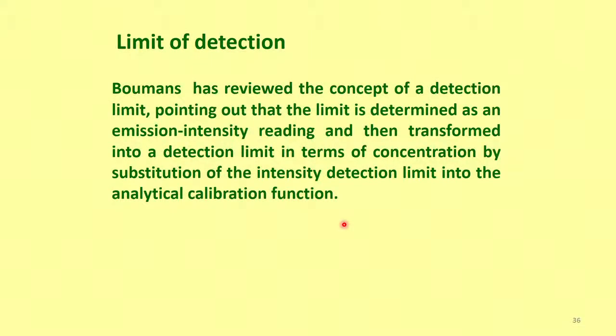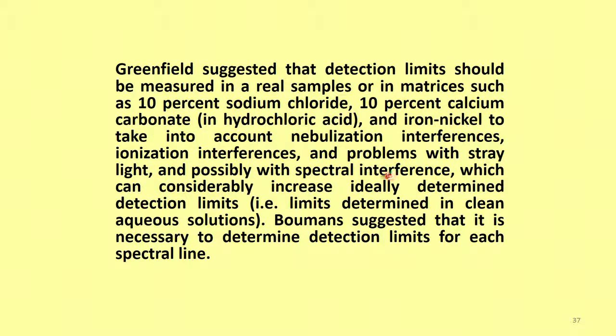So, in terms of emission intensity reading, what we look for is the intensity detection limit of the calibration function. Normally, we take that the detection limit should be measured not in pure sample, but in a real sample.